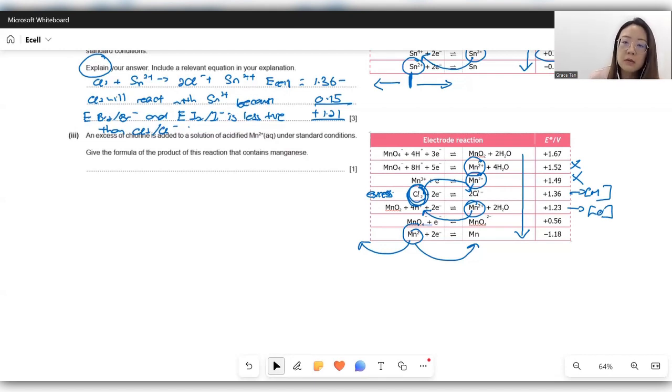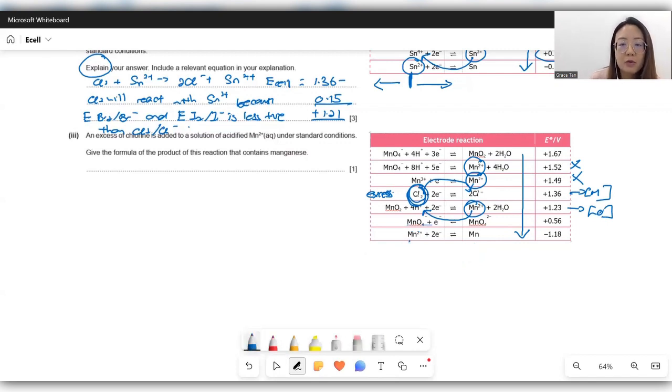So if you want manganese to undergo oxidation, therefore you can only pick the 1.23 version. All right? So therefore, give the formula of the product that contains manganese. So Mn2 plus will form MnO2, which is the product at 1.23 after undergoing oxidation.